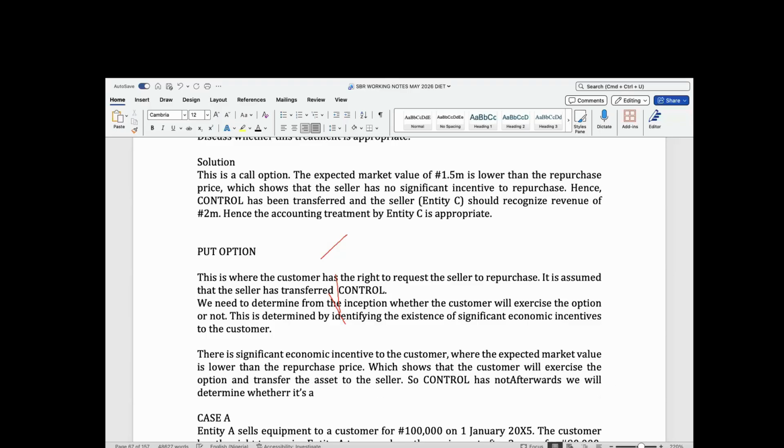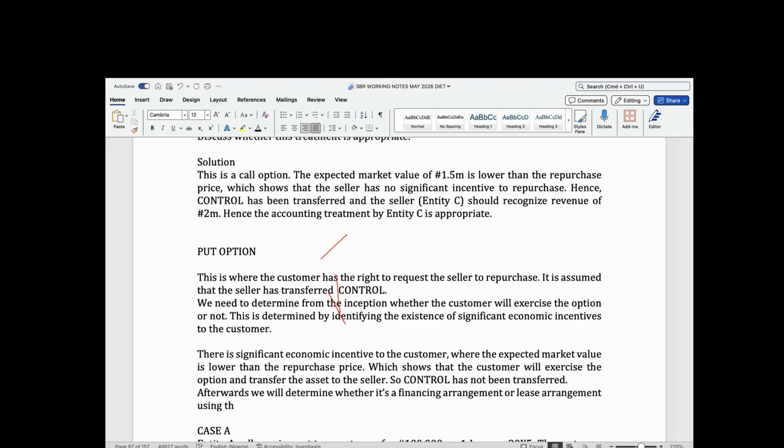So control has not been transferred. So we will have identified that control has not been transferred. Afterwards, we will then determine whether it's a financing arrangement or lease arrangement, using the same principle as under call options and forward contracts.